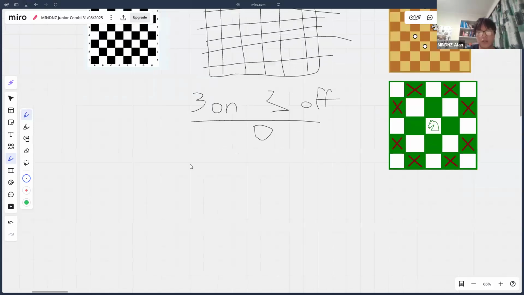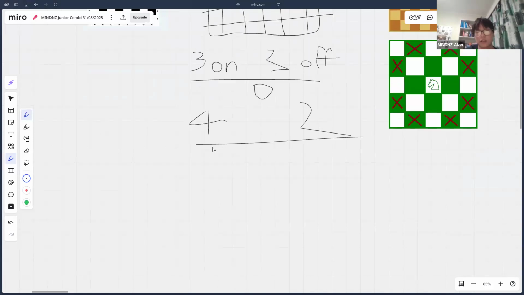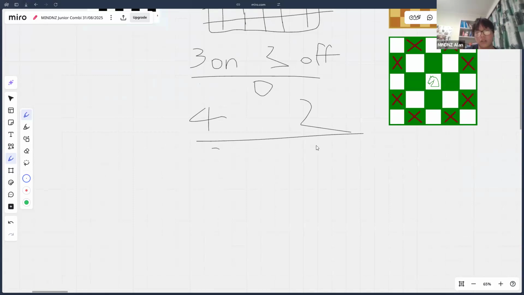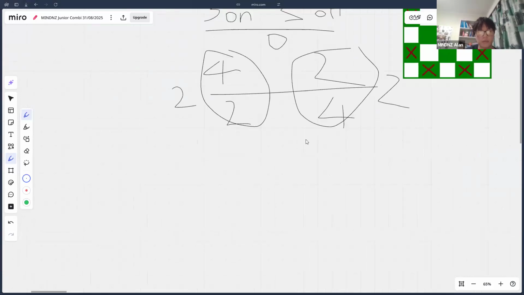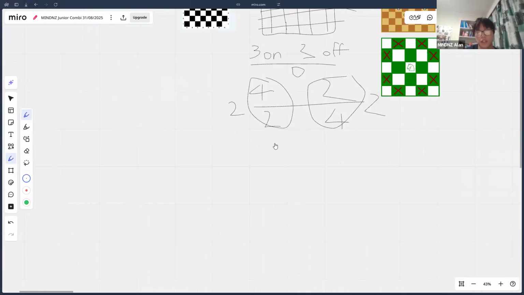Another scenario is we have 4 on and 2 off. When we flip this, we get 2 on and 4 off, right? So this has changed by an even number, which is 2, and this also has changed by an even number, 2. And then we also have another state, which is 5 and 1 and 1 and 5, which gives us 1 and 5 or 5 and 1.